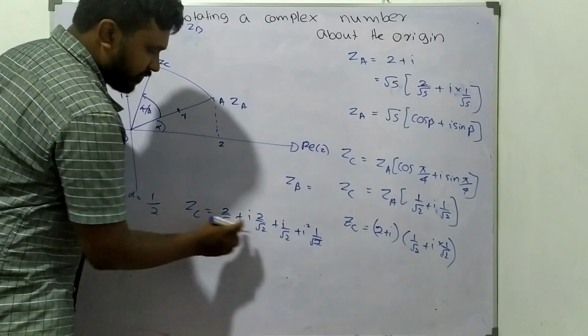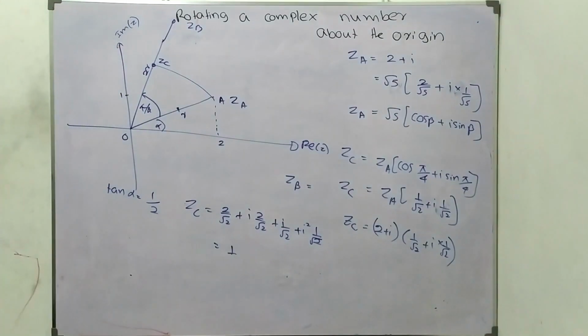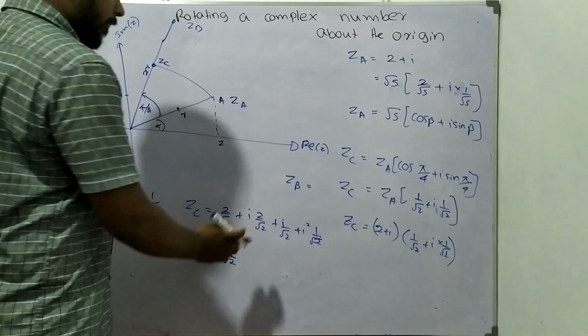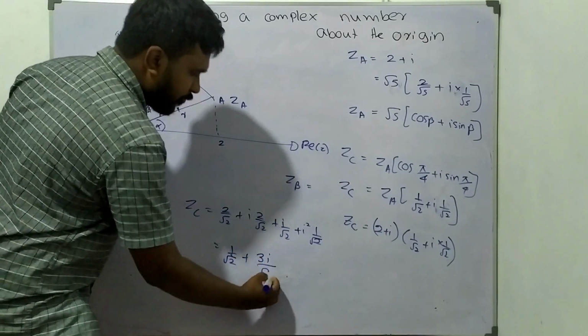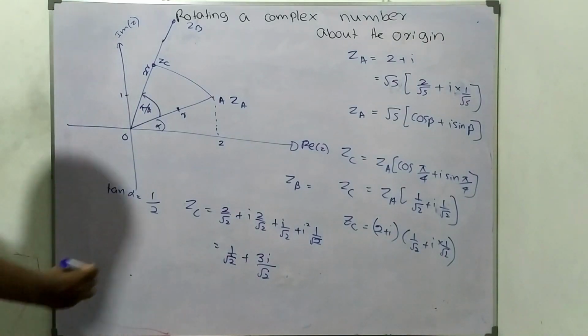So this is equal to (2 plus I) times (1 over root 2 plus I over root 2). Now you can simplify it further. 2 over root 2, plus 2I over root 2, plus I over root 2, plus I squared over root 2, where I squared means minus 1. So this is 1 over root 2 plus 3I over root 2. This is my ZC actually.